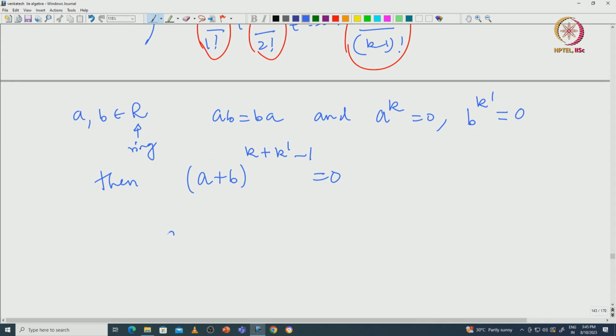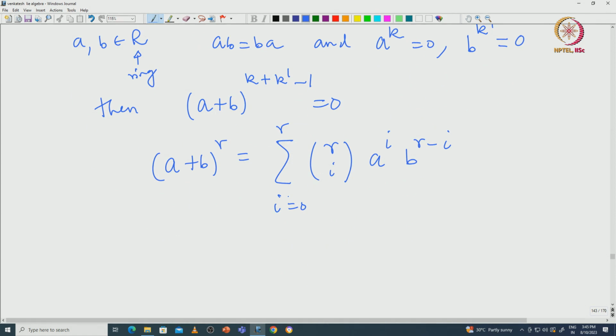If you write (A plus B) power r equal to summation r choose i A power i B power r minus i, where i ranges from 0 to r, then when r equals k plus k dash minus 1, you can see this would imply either i is at least k or r minus i is at least k dash.